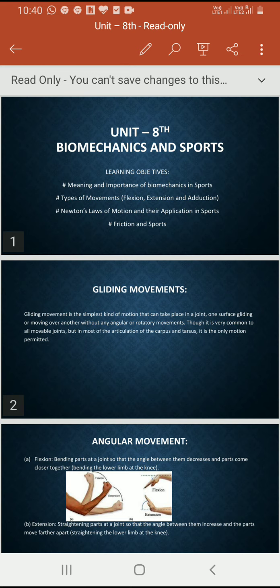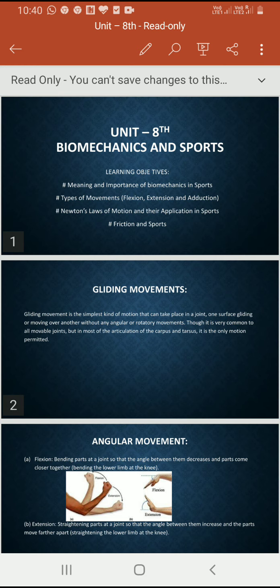There are various types of movement in joints, which may be divided into four major kinds: gliding and angular movements, circumduction and rotation, and a few other movements also belong to these types. So first of all you have to read about gliding movements.